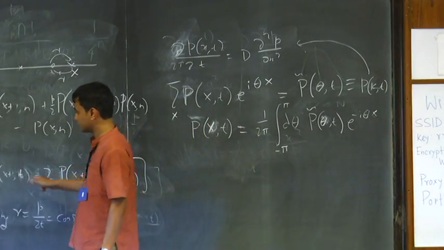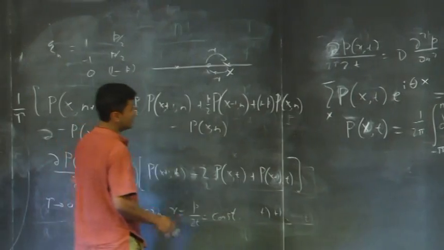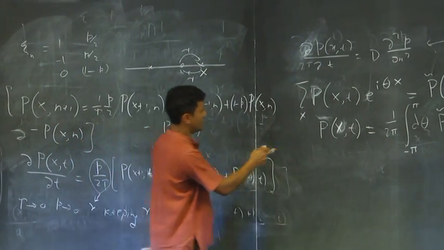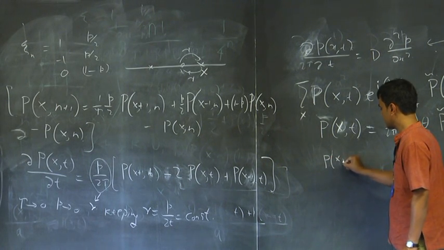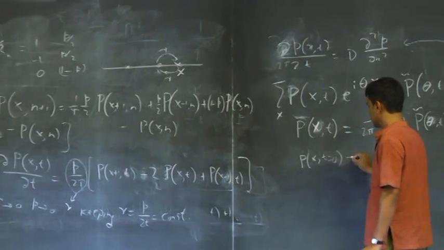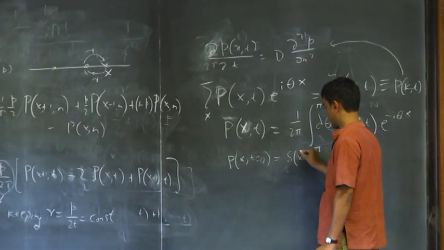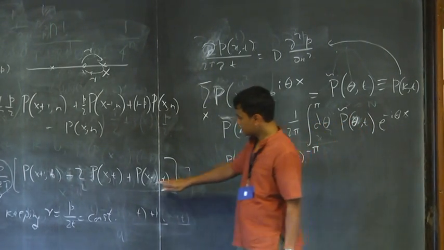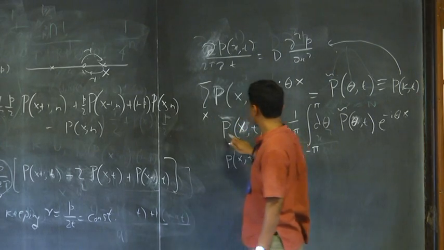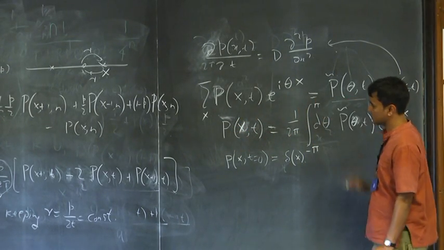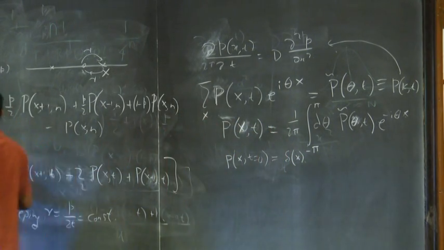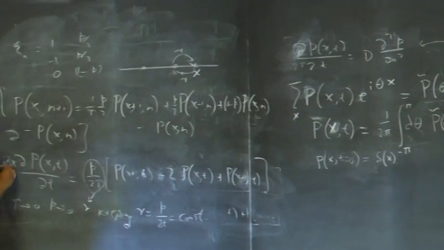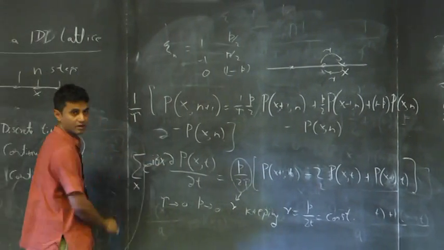I take this equation, and again in this case I have to give my initial condition. The initial condition is again p of x at time t equal to 0 is equal to, let's say, delta of x, right? Now I take this equation and try to write an equation for p tilde of theta, t. Basically I will take this equation, multiply by e to the power i theta x and sum over x.